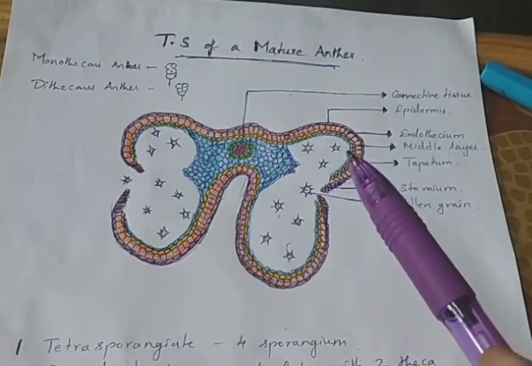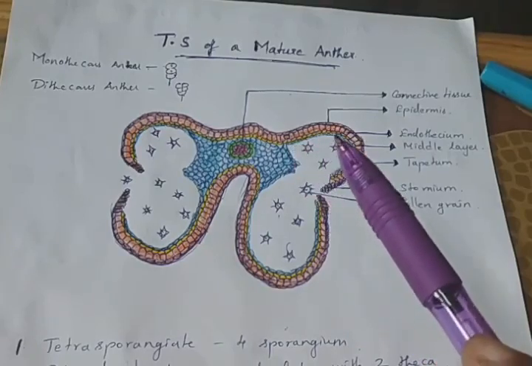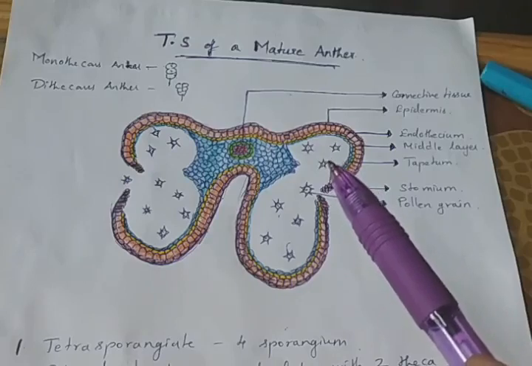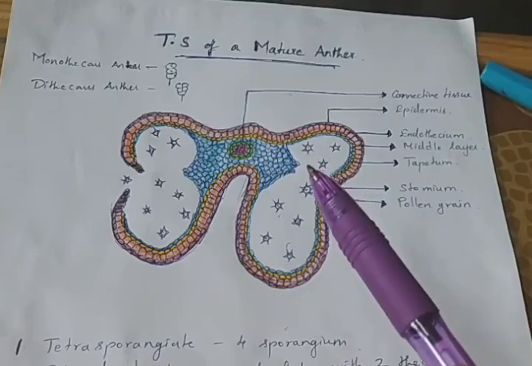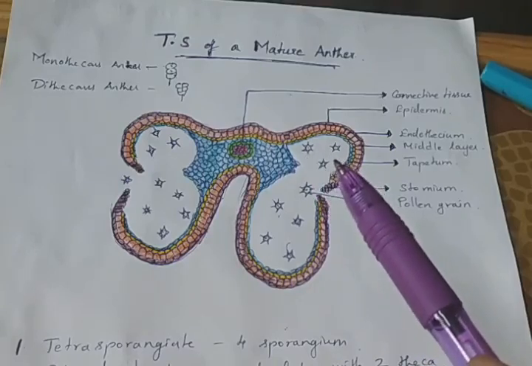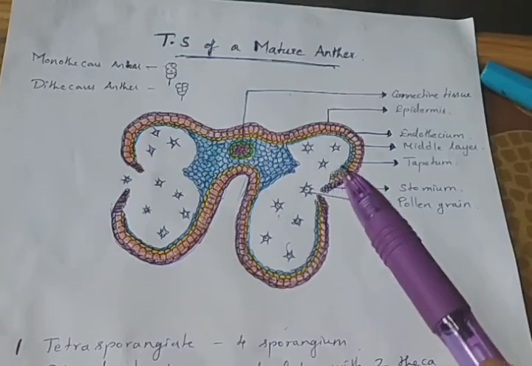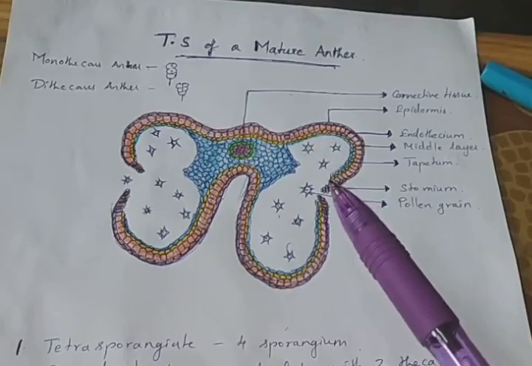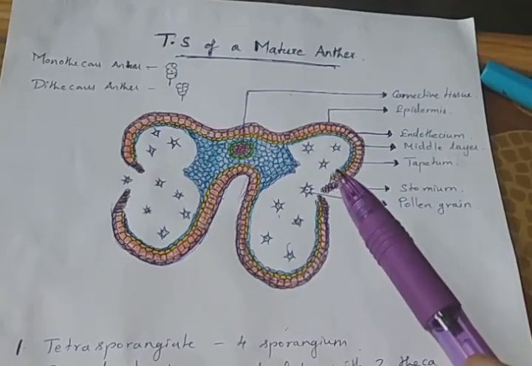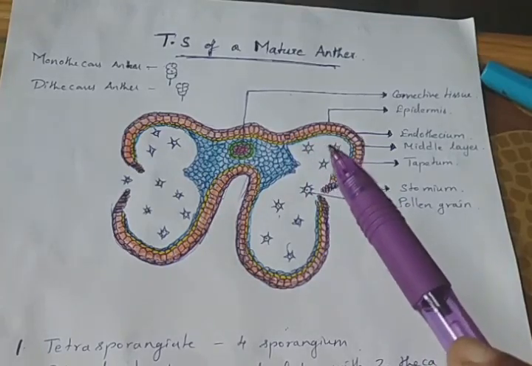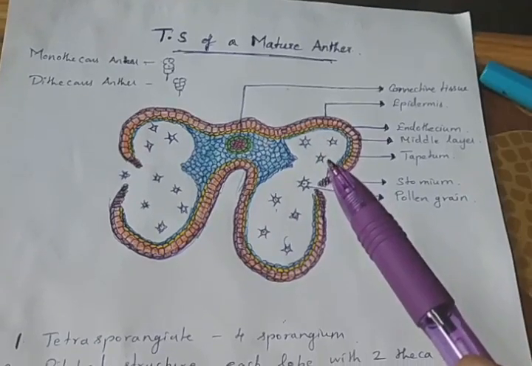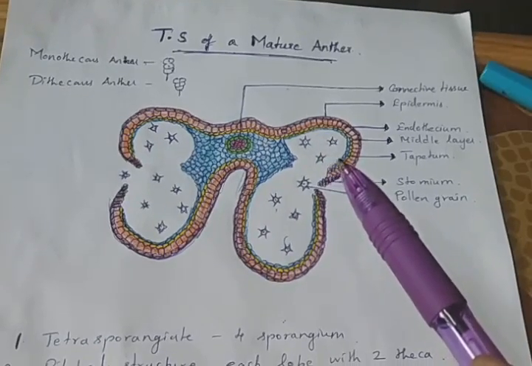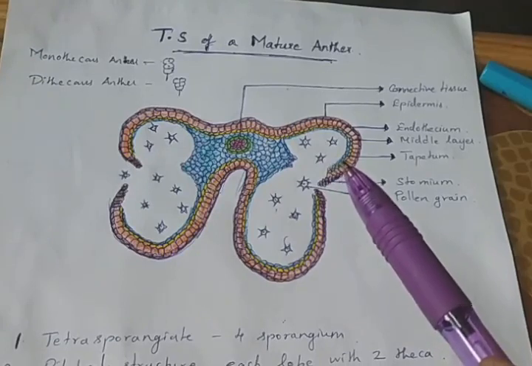They secrete nutritive fluids, which are necessary for the sporogenous mother cells and microspores to develop into pollen grains. Invasive tapetum cells lose their cell wall and fuse with one another to form a structure called periplasmodium.